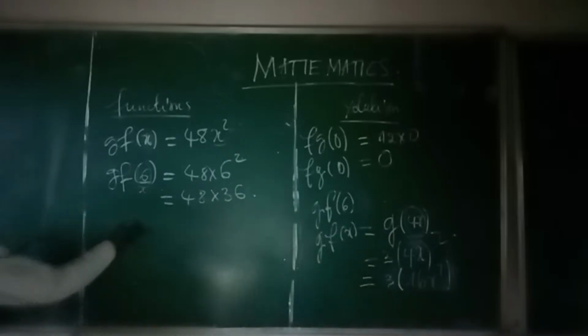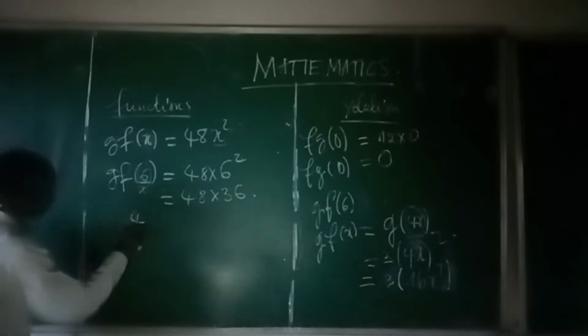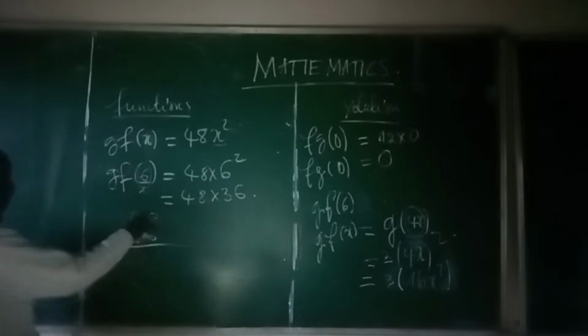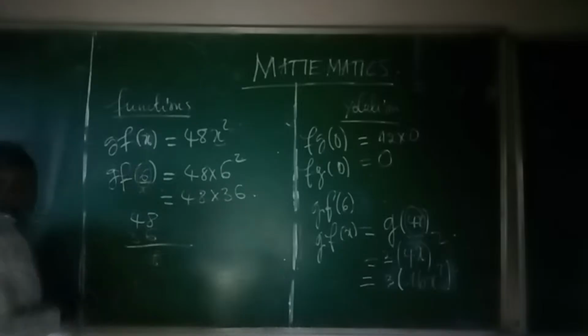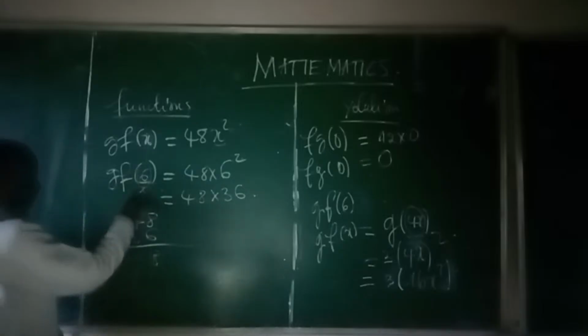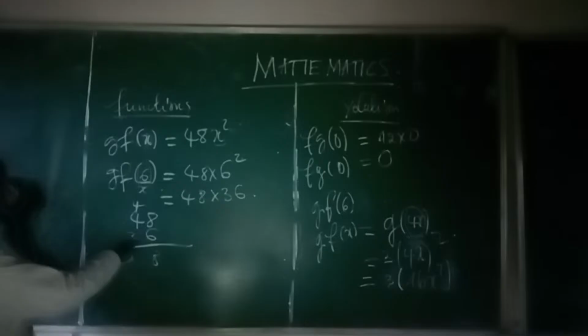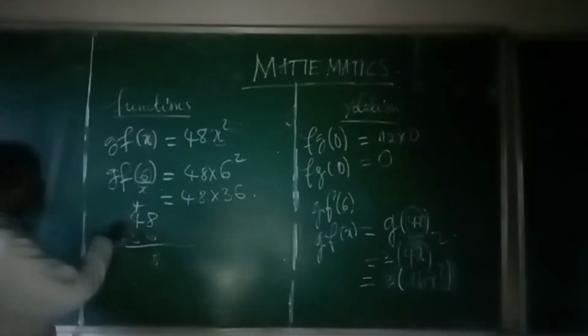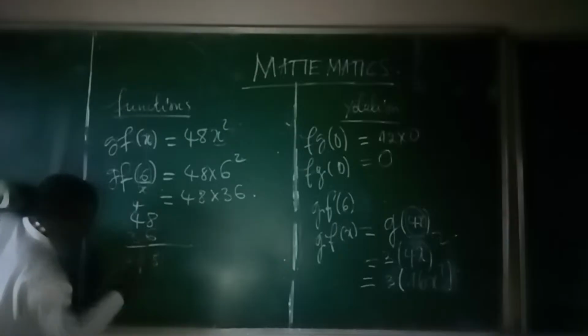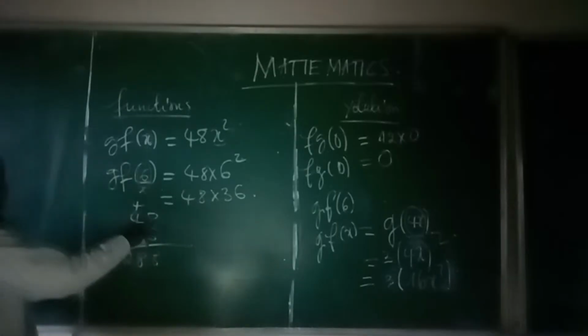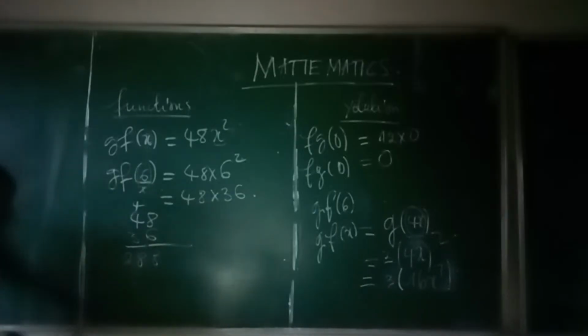Now let's use this one. 48 times 36: 6 times 8 is 48, write 8 and add this 4 here. 6 times 4 is equal to 24, plus 4 is 28. Then 3 times 8 is equal to 24.